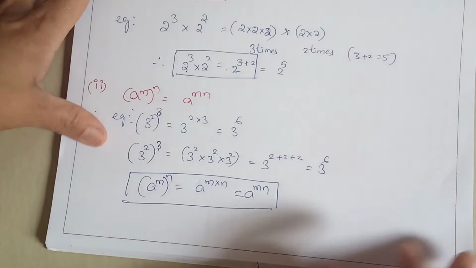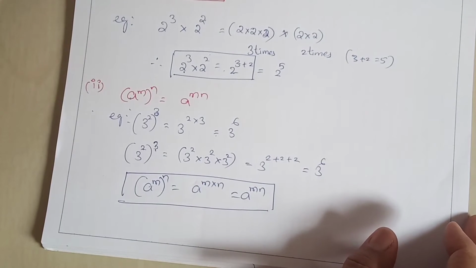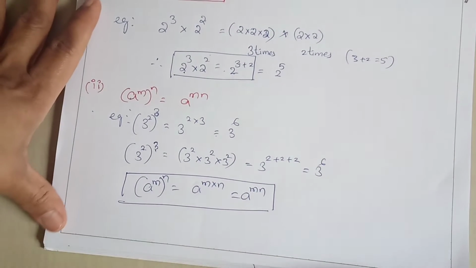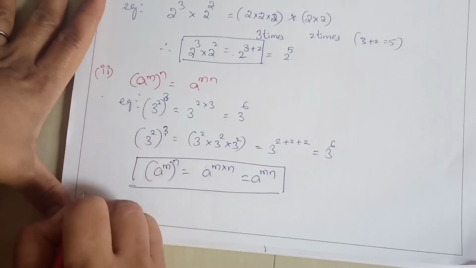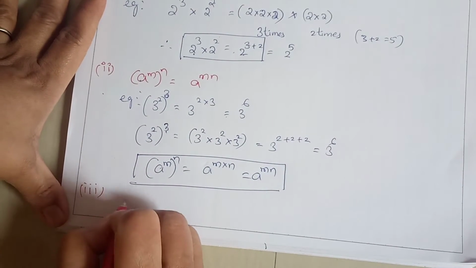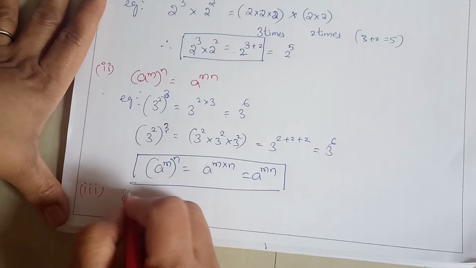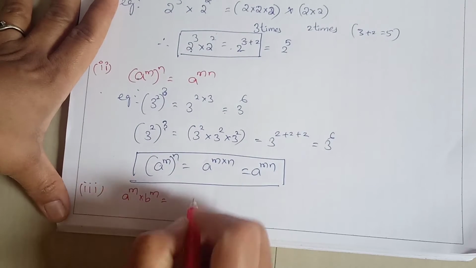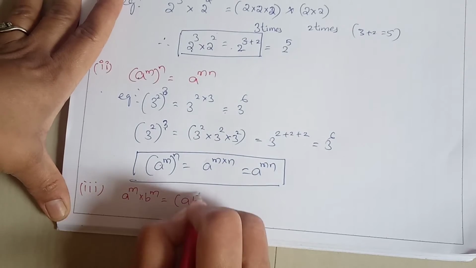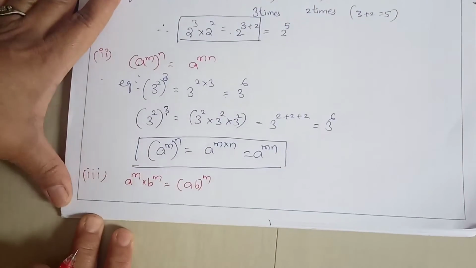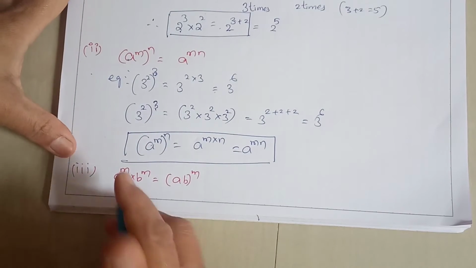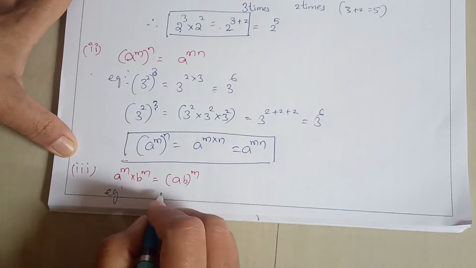Next, one more formula: a to the power m into b to the power m is ab whole to the power m. Now an example for this also.